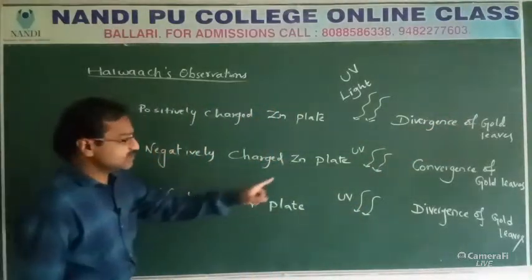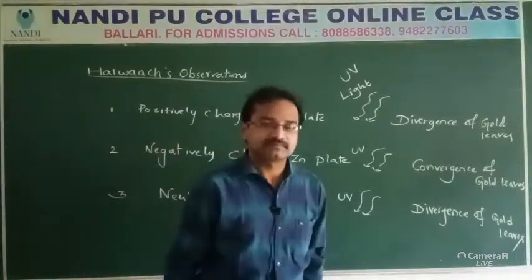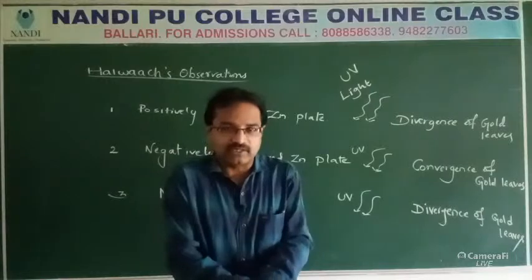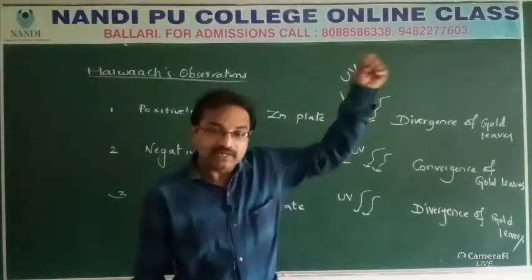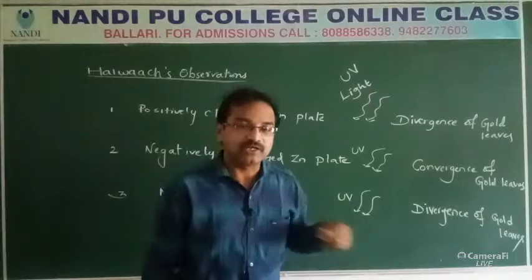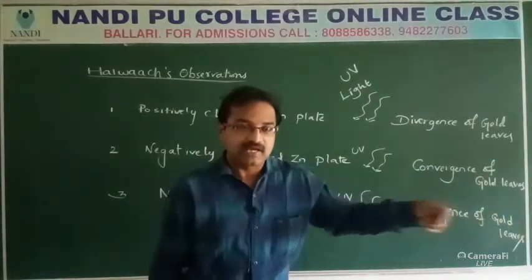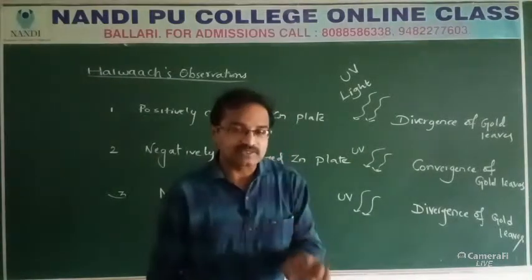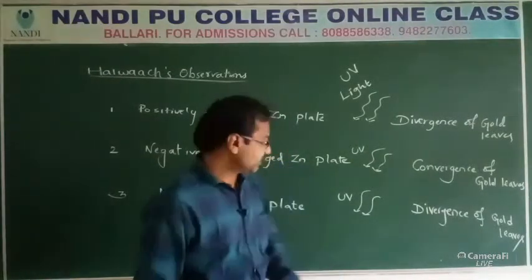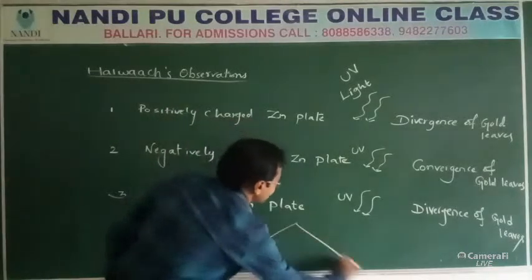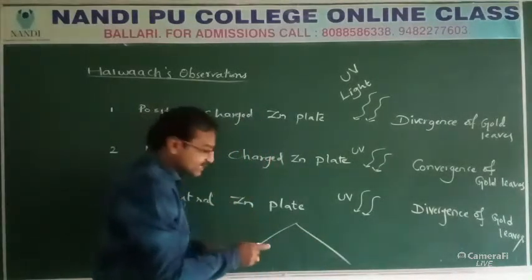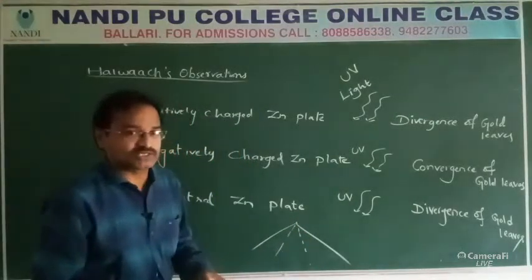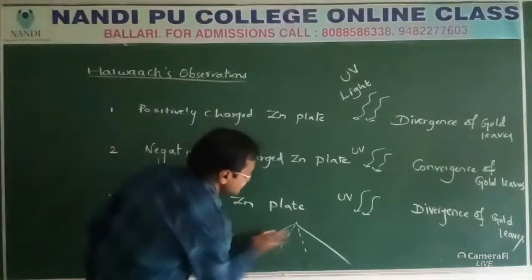Now he took a negatively charged zinc plate. Generally a negative charge means the leaves diverge. But when light is incident on the zinc plate, it loses negative charges. Negative charge is decreasing, so the divergence also decreases. If the leaves come nearer, that is convergence. That is the second case.